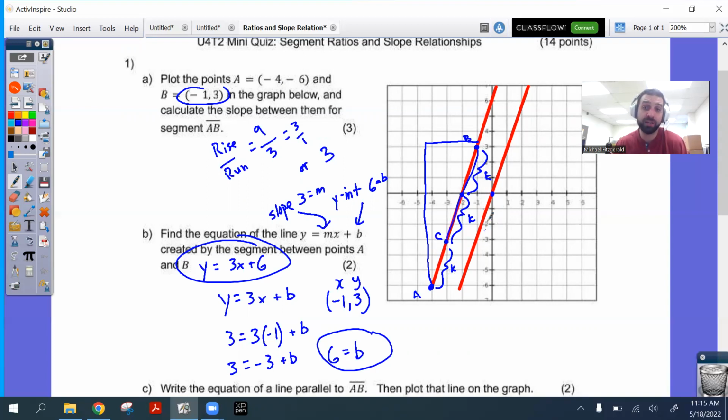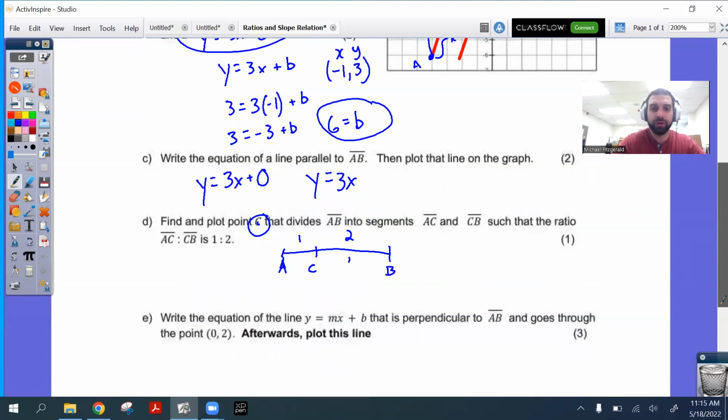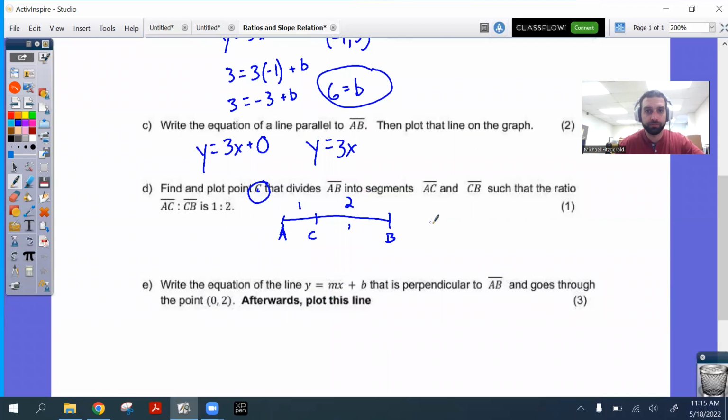From K to 2K. This length here is twice the length of this one, and this point divides that. So the point is (-3, -3). Okay.